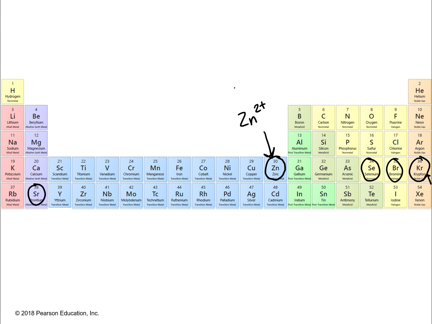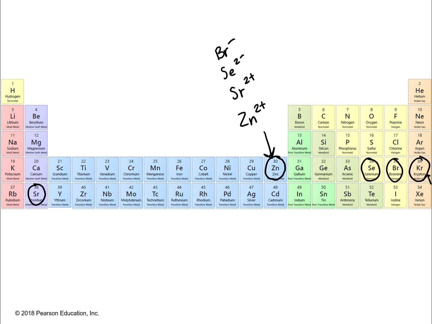We had zinc 2+, strontium 2+, selenium 2-, bromine minus. If I were writing noble gas configurations for these ions, which noble gas would I use?